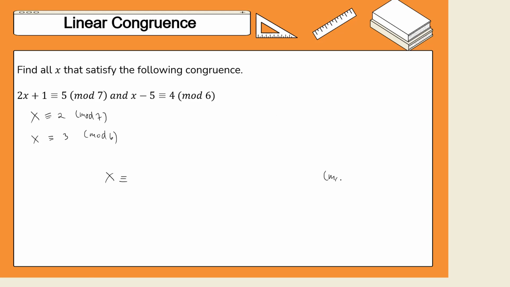The modulo will always be the multiplication of these, so 6 and 7. Also, these moduli have to be relatively prime so that this theorem can be applied. That is the only condition that this theorem gives you. So as long as you have these numbers relatively prime, you can apply this theorem right away.